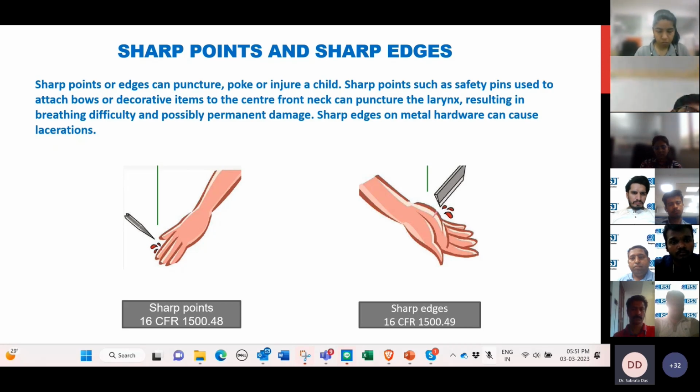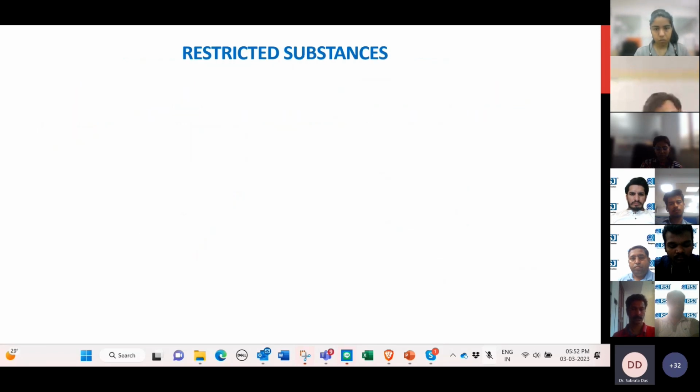So both are regulated by the Code of Federal Regulations of the US, and there are particular standards available to test those items. And normally the sharp points and sharp edges can come from toys or many other children's items that children normally use between 0 to 3 years of age. That's why those sharp points and sharp edges are very important.